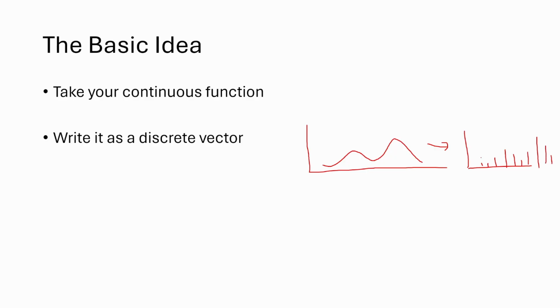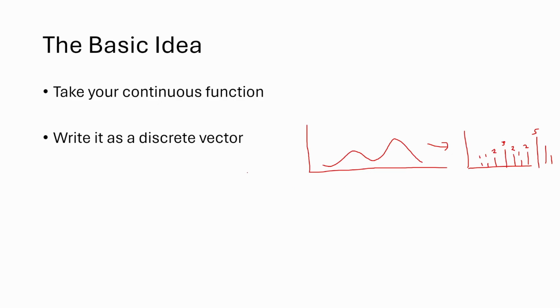And so then these intensities at each point, 1, 1, 2, 3, 2, 2, 1. Like this is my data vector. Those are the numbers that go in my discretized signal vector.